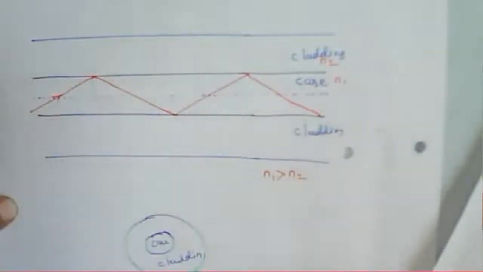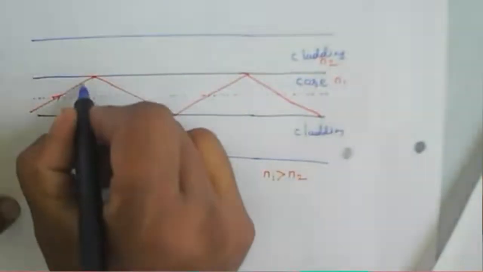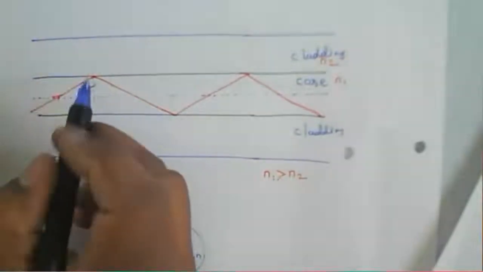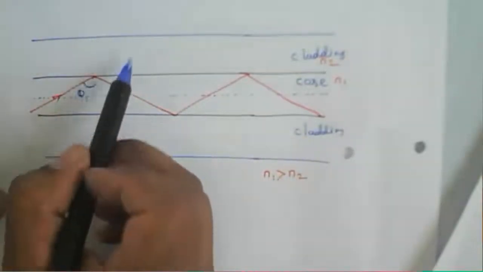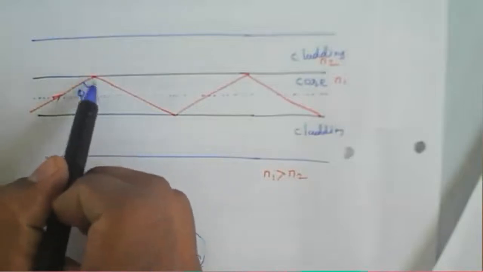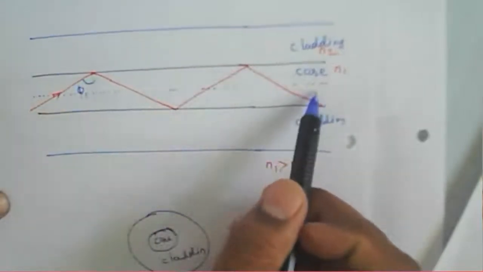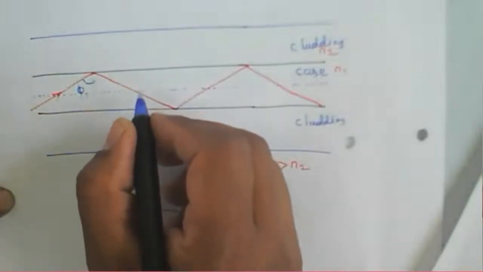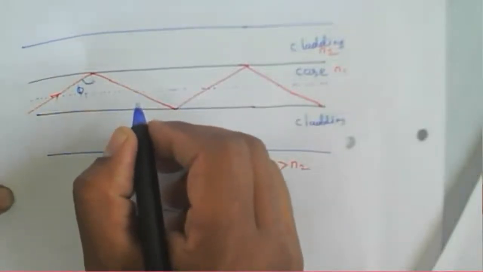Whatever the incident light is, it will propagate and keep reflecting here. This is the angle of incidence. Based on the angle of incidence, your signal will be reflected here.